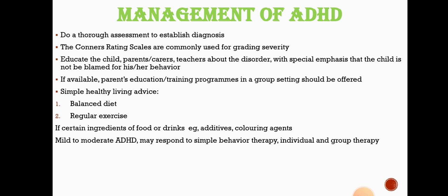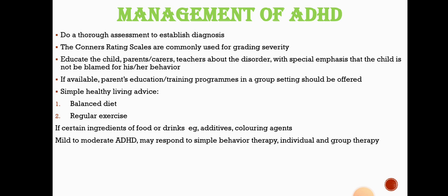And we should also give parent education regarding a healthy diet, balanced diet, for example nutritious diet and protein diet, because nutrition is very important for the brain development of children.